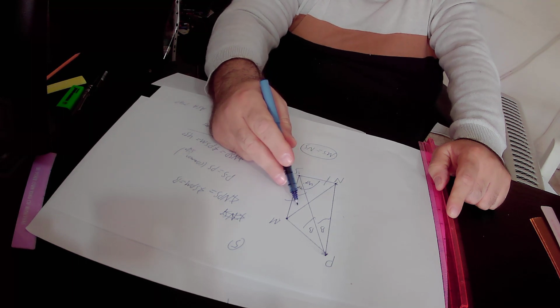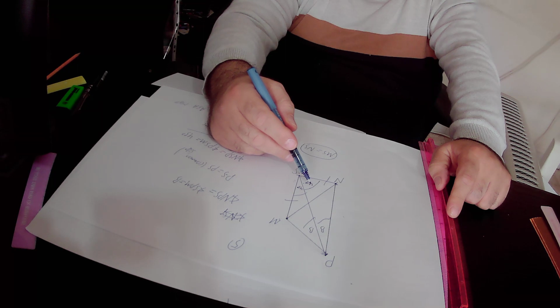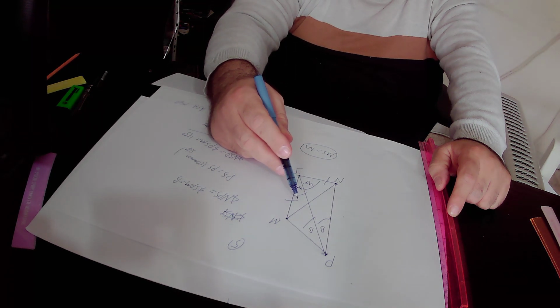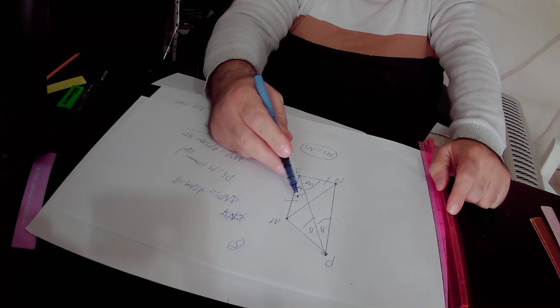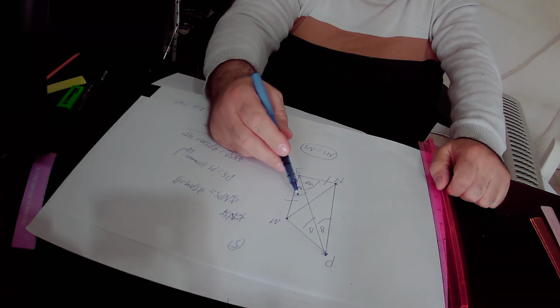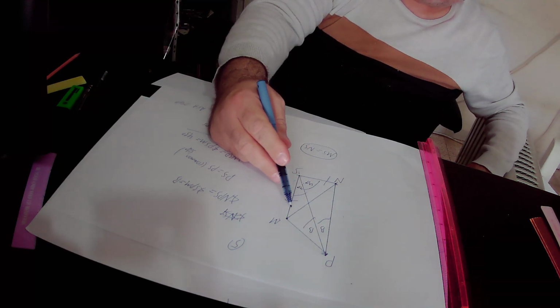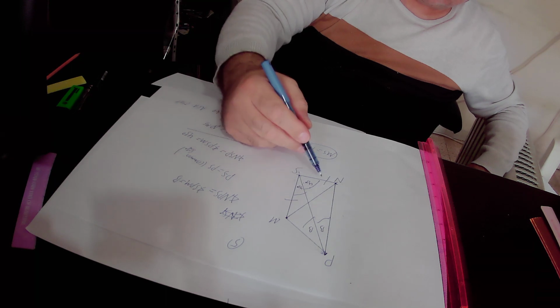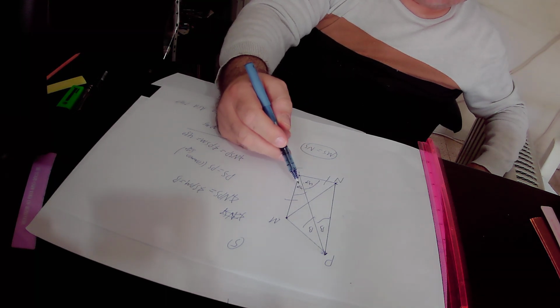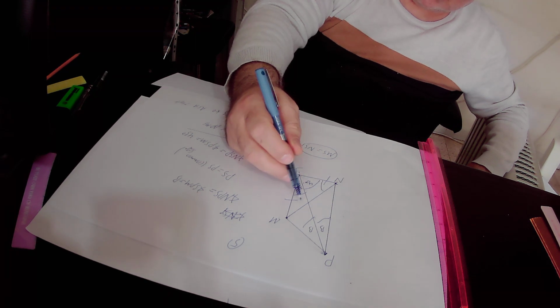So the other two angles in triangle MSN must sum to 90 degrees, because the sum of the angles in a triangle equals 180 degrees. And we know that NS equals MS. Therefore, those two angles must also be equal to each other.